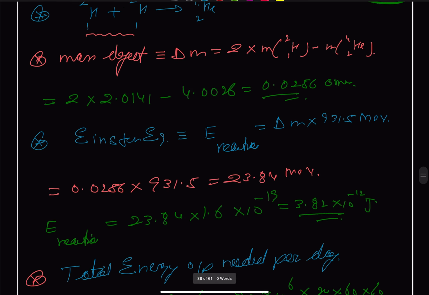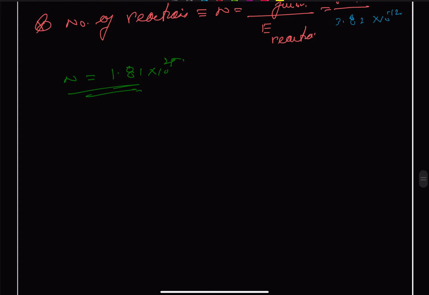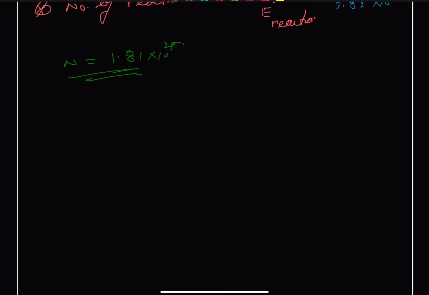We have the number of reactions, and each reaction consumes 2 deuterium atoms (2 H-1,2). So the number of deuterium used per reaction is two.